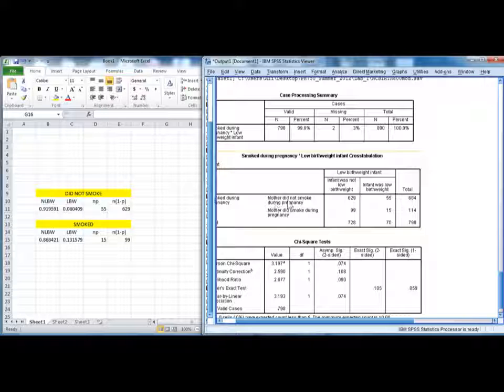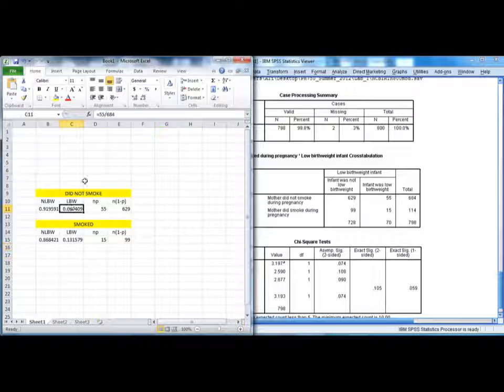So for mothers who did not smoke, the proportion of low birth weight babies would be 55 over 684. So if you see here, 55 over 684, that's 0.08 or 8%.